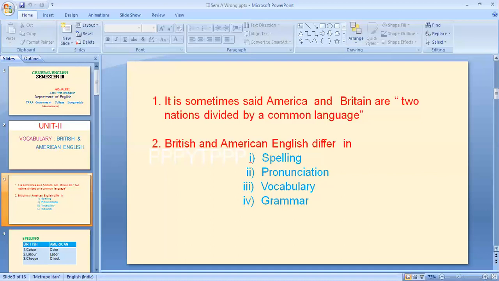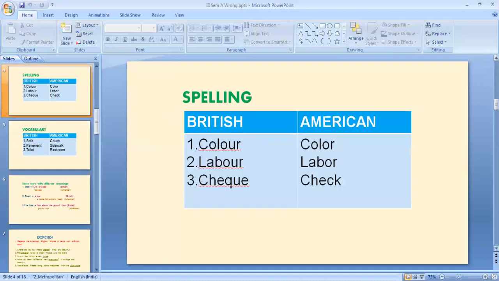Basically, the differences between British English and American English can be seen in the areas of spelling, pronunciation, vocabulary, and grammar. If we see the spelling, the correct spelling for the word color in British English is C-O-L-O-U-R.